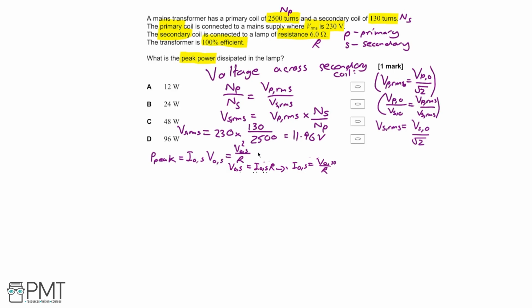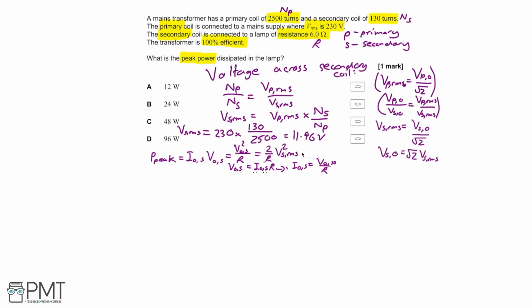Therefore, what we can say is that the peak power, rearranging this to be Vs0 is equal to square root of 2 Vs RMS, is equal to 2 over R multiplied by Vs RMS, all squared.